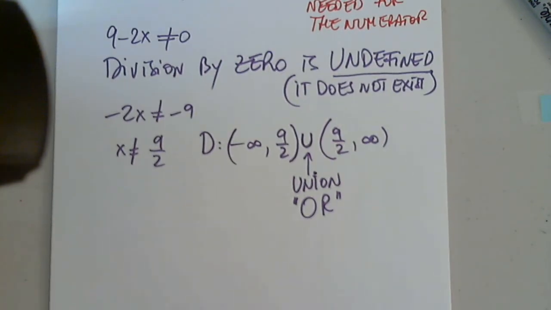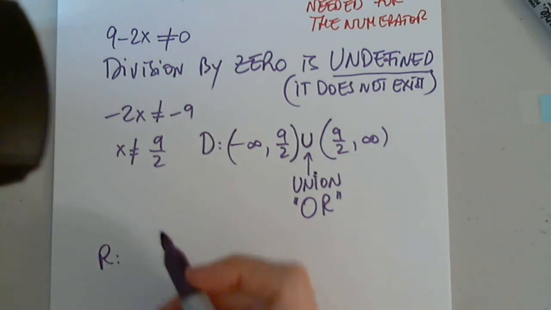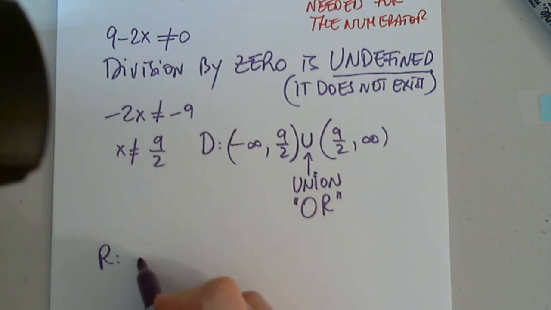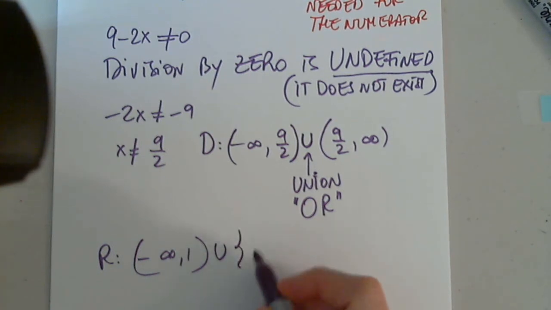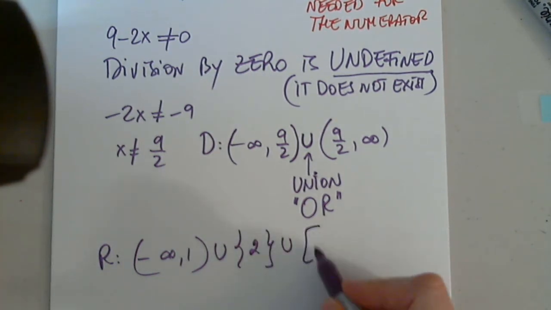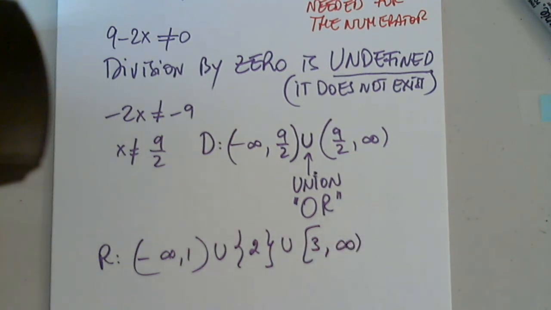The range for that function on page 6 from the lecture notes on 27 of January will be negative infinity to 1, union 2, and union 3 to infinity.